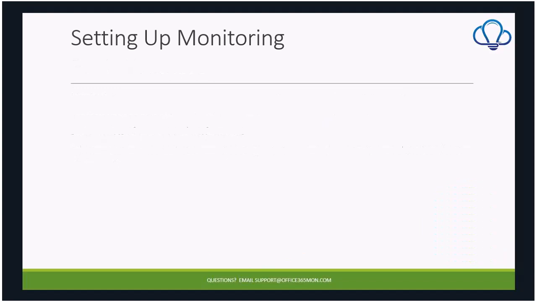So how do you go about setting up monitoring? Well, the process is pretty straightforward. You need to use an existing Azure AD account or create a new one for monitoring. Just as a little background for those of you who may not be familiar, when you create a new Office 365 tenant, like you sign up for SharePoint Online or Exchange Online, Microsoft will automatically provision a new instance of Azure AD for you, an Azure AD tenant.